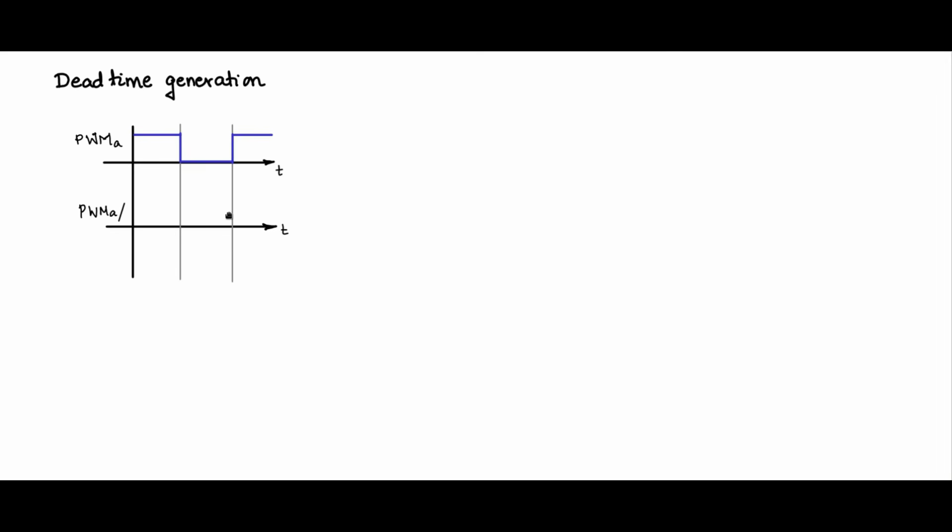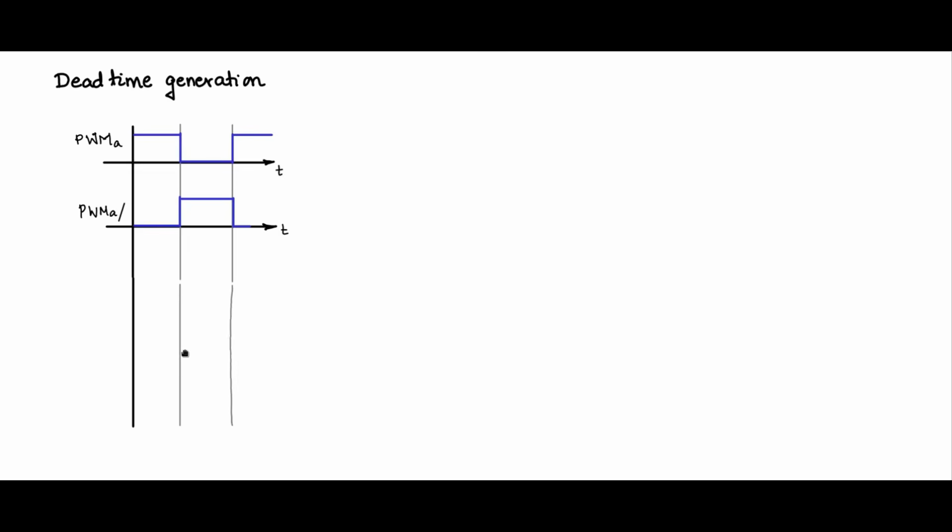PWM A bar is inverted in this fashion, like this. So this is the problem, this point of switch over transition. PWM A is falling low, PWM A bar is going high, and also during these times.